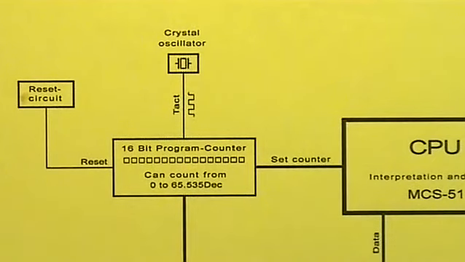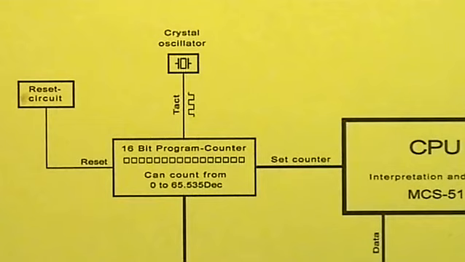If one would not intervene in this process, the program counter would count up to 65,535 and then continue again at 0 and so on. This program counter counts exclusively in one direction, namely upwards.